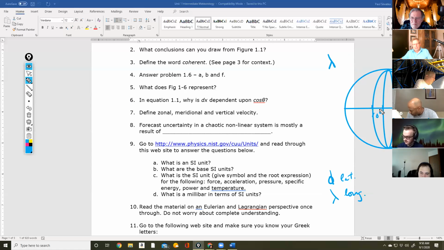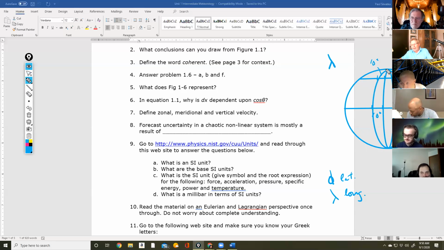That 10 degrees is the same thing as 10 degrees of latitude. But notice when I'm at much higher latitude, let's say up here, from there to there is still 10 degrees. Do you see that the distance is much smaller?